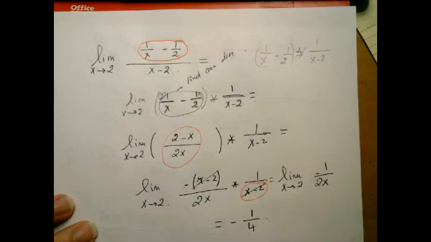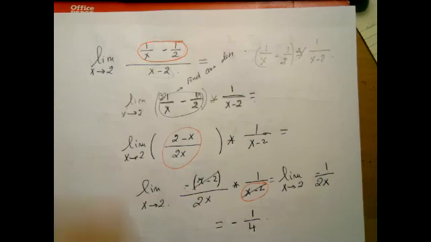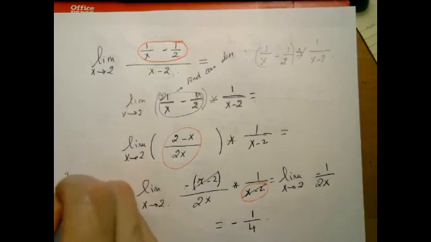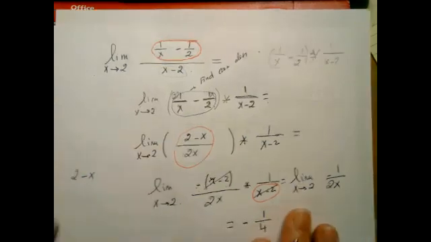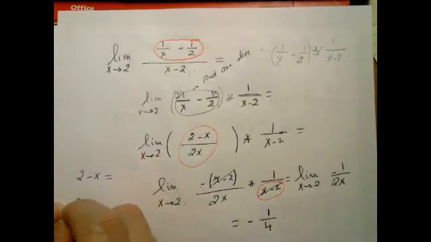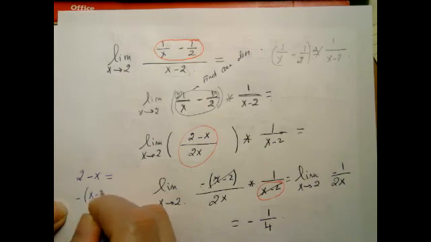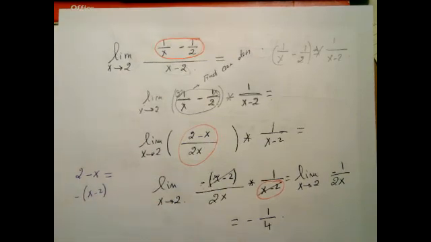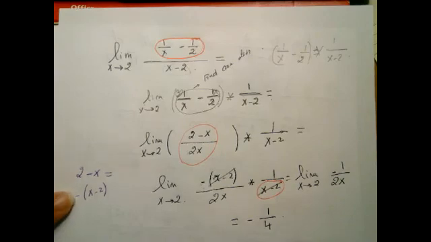No, I'm not changing the top. You're right if I was changing. But in this scenario, I am not changing the top. What I'm doing is rewriting 2 minus x. That's crucial. I'm rewriting it this way. It's not changing. Let us think, are those two equal to one another?